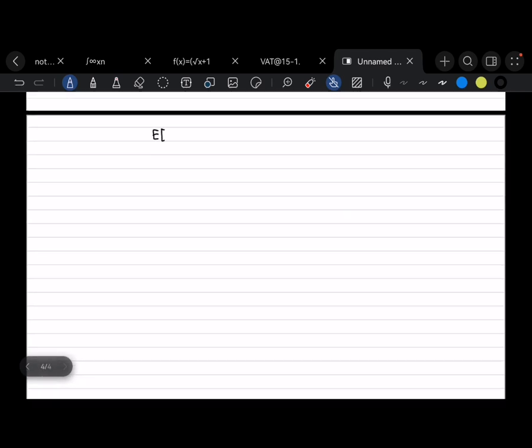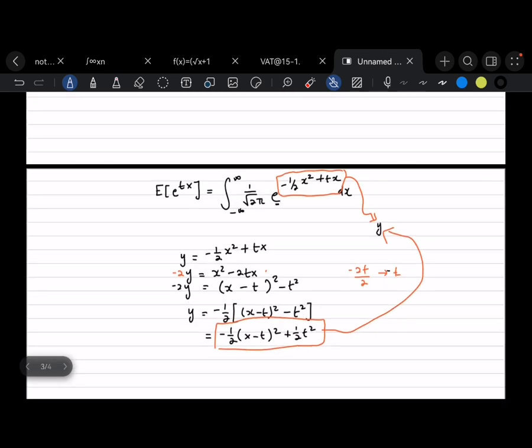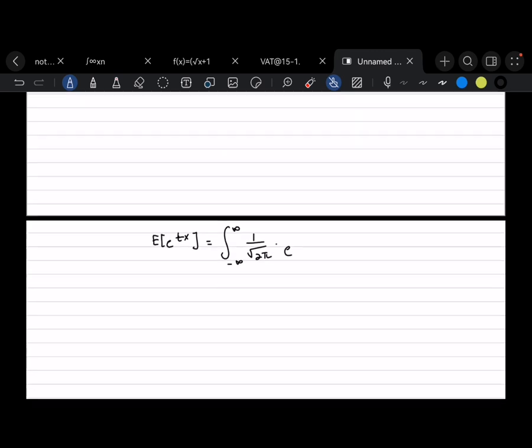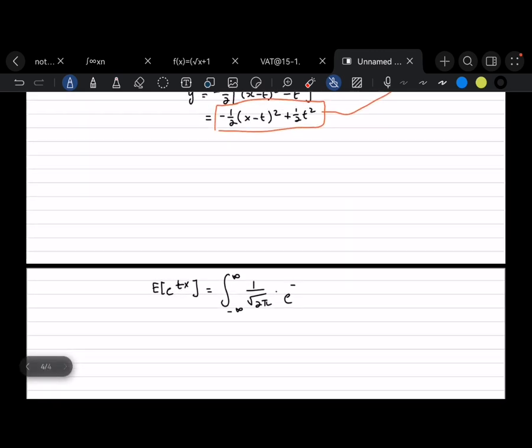So the expectation of e to the tx is the integral from negative infinity to positive infinity of 1 over root 2 pi times e to the exponent, but now we've written our exponent as negative half times x minus t all squared plus positive half times t squared.